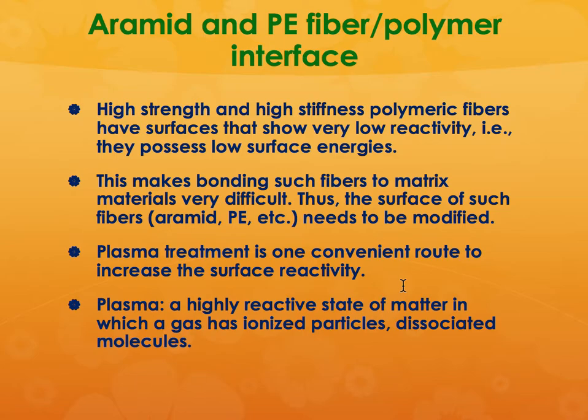They have very low surface energy, so this makes the bonding of such fibers to the matrix materials extremely difficult. So the only way to make that different is by what is called, in chemical parlance, functionalization, or you have to modify that surface.